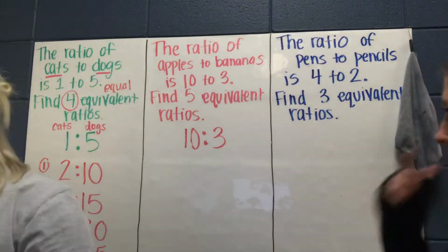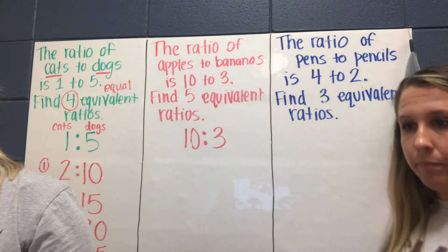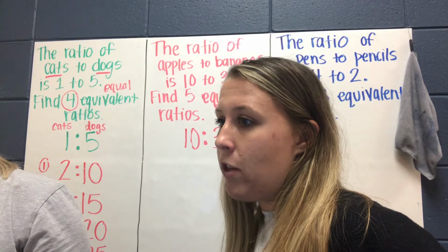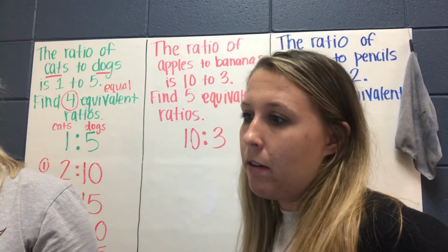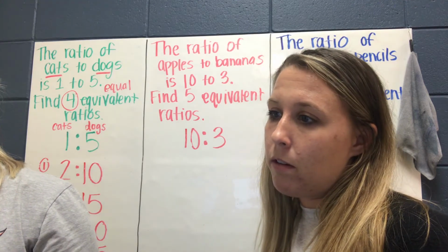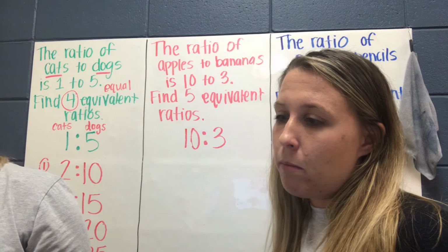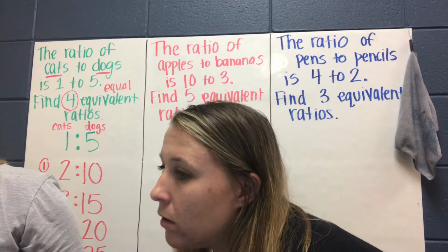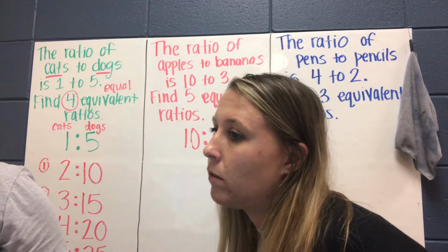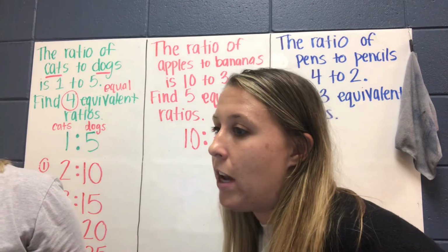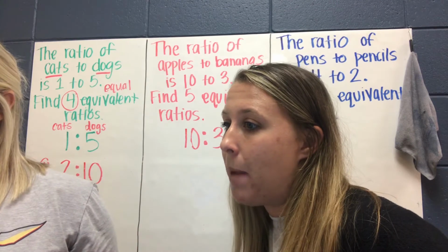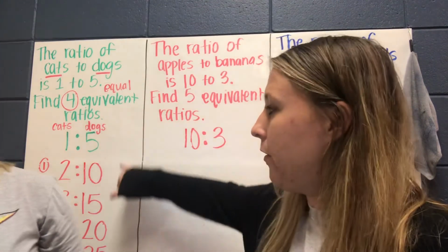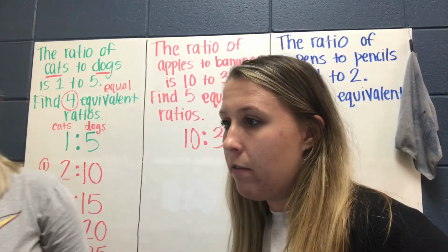Jace, you said in the chat box at the beginning that you had it open. Okay, Jace, if you don't have it, then you can get out a piece of paper and just write these down. Okay?